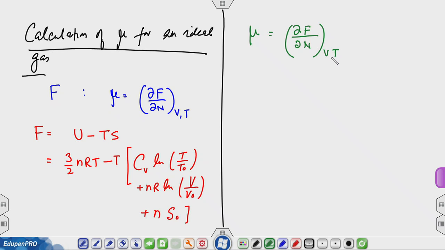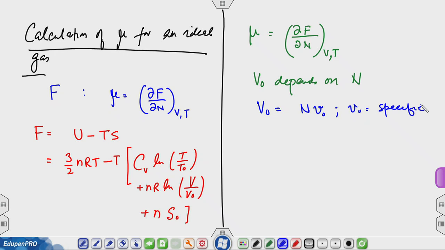Now during this differentiation, keep in mind that V0 depends on N. And we can write V0 equals N times some v0, which is the specific volume of gas at T0, at that reference point.